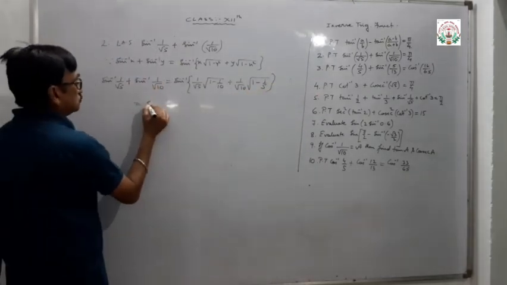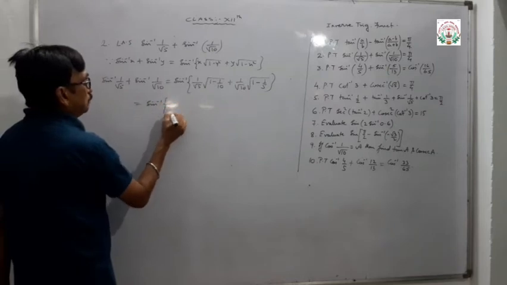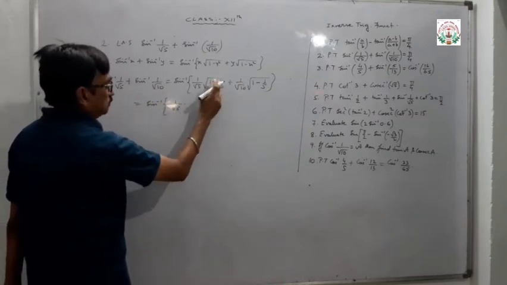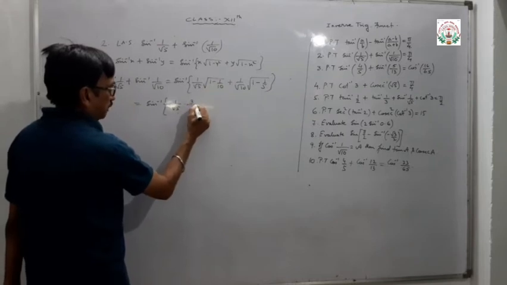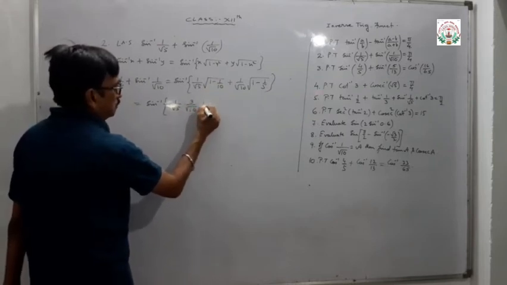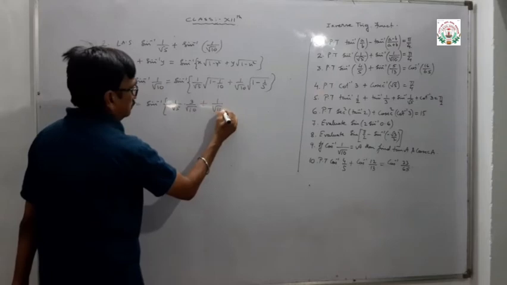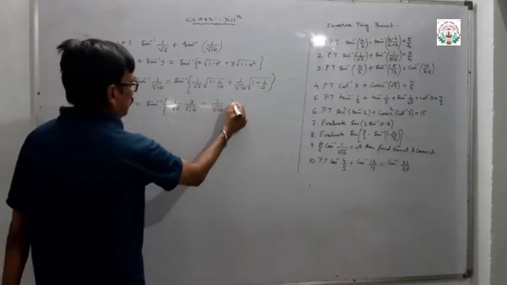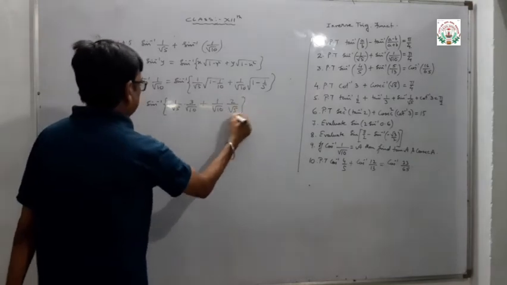So equals sine inverse of 1 by root 5 into under root of 10 minus 1 over 10, that is 9, so the square root of 9 is 3, plus 1 by root 10 and 5 minus 1, 4. The square root of 4 will be 2 by root 5.